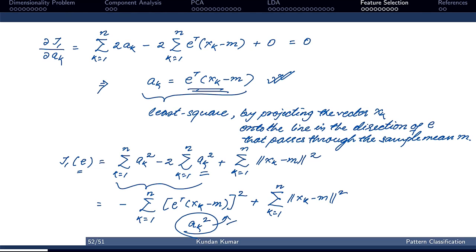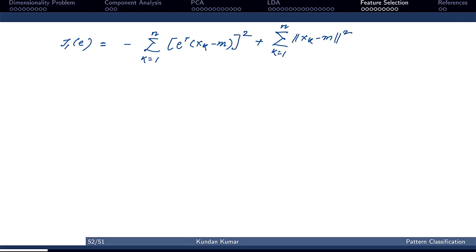So we can expand this term. When we expand it, it will become minus summation E transpose, and again we have to maintain the dimensionality of the matrix multiplications.